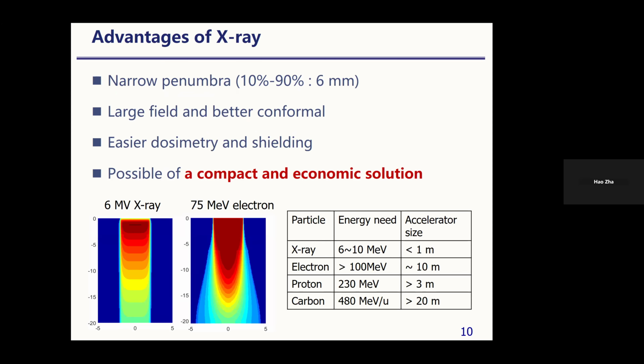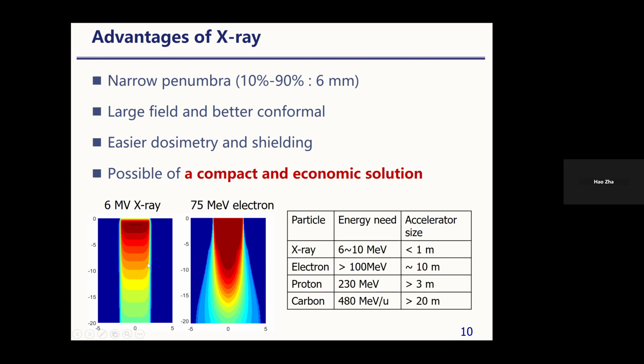Okay, so why X-rays? There are several advantages. First, X-rays are very accurate. They provide a very narrow penumbra. For example, if you use electrons, because electrons are very light particles, they scatter in the human body and make the field wider and wider. And to focus the electron field is very difficult.